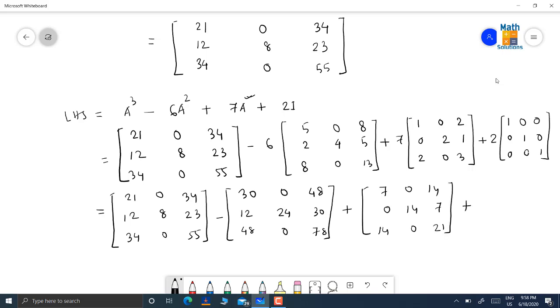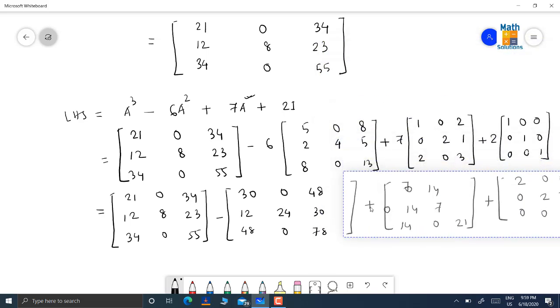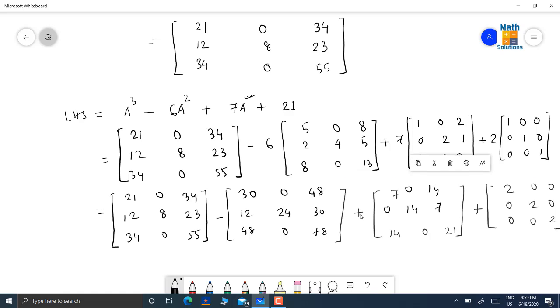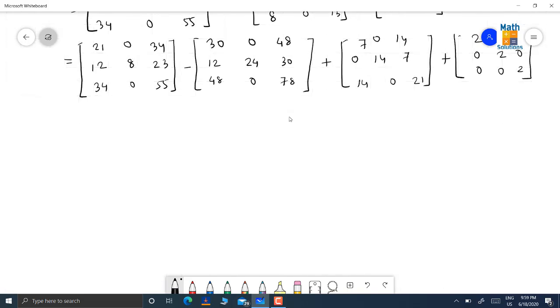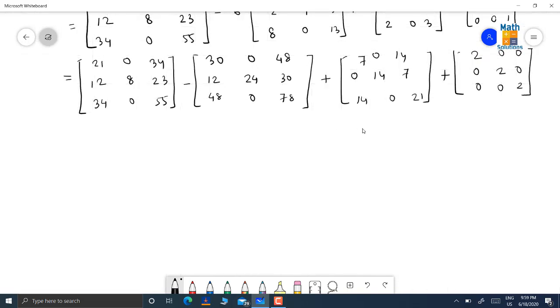And then I get here 2, 0, 0, 0, 2, 0, 0, 0, 2. So this is the result I'm getting here. So after this, on simplification I shall be getting the result.